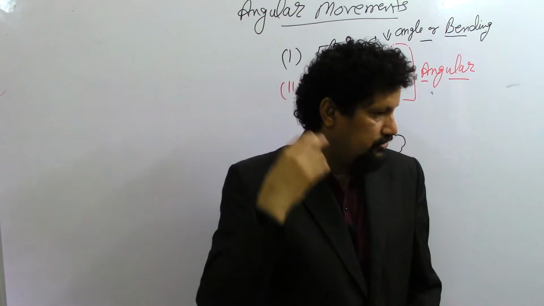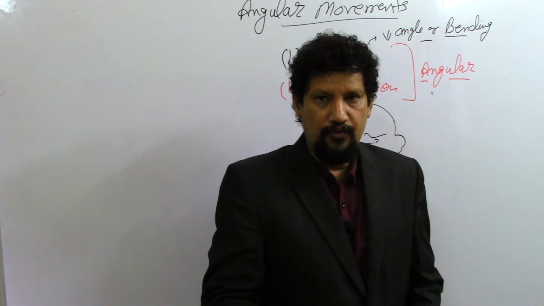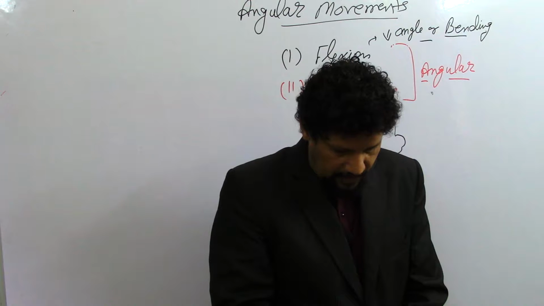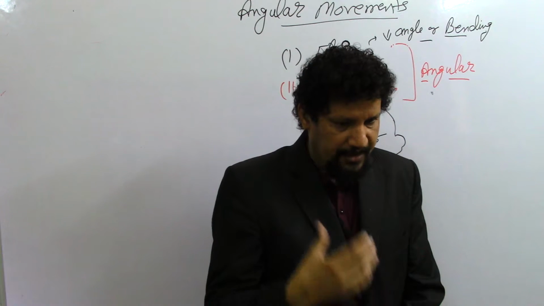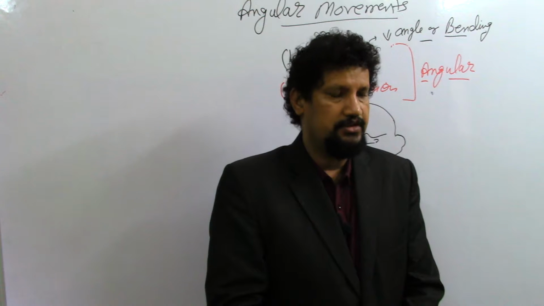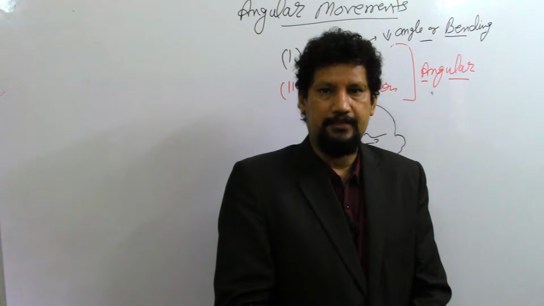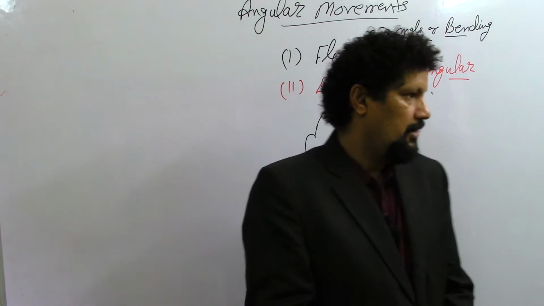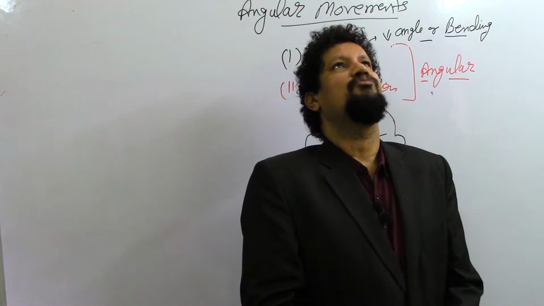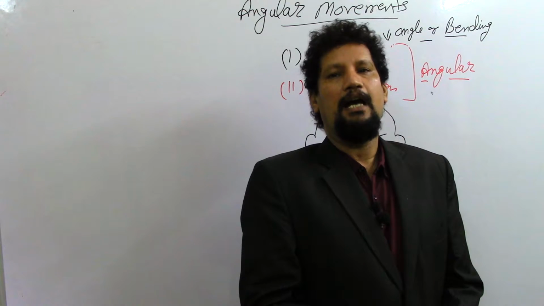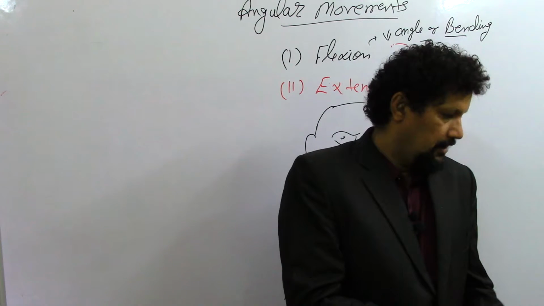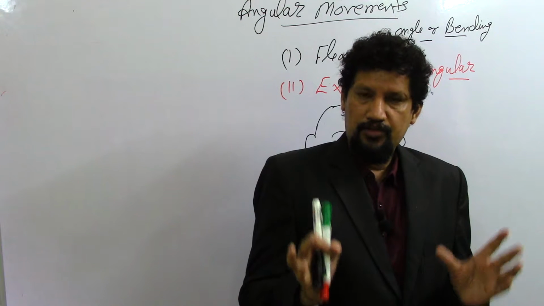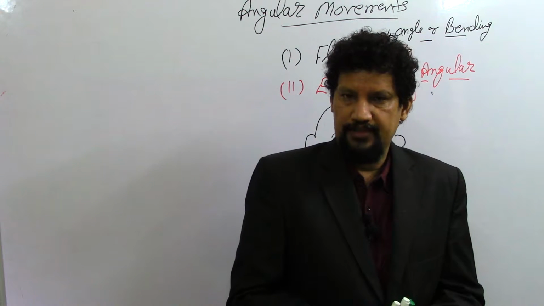When I move the head forward, decreasing the angle of the neck, this is known as flexion, and bringing it back to its original position is known as extension of the neck. Beyond the normal limit of extension, if I extend it more backward, this is known as hyperextension. So bringing the two flexor surfaces closer to each other is known as flexion.